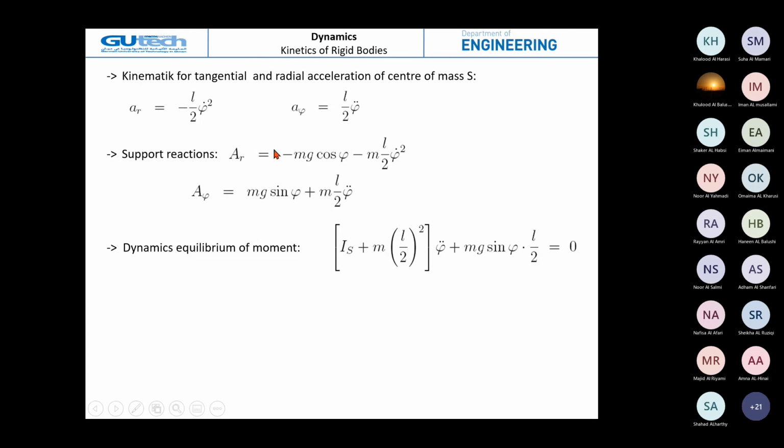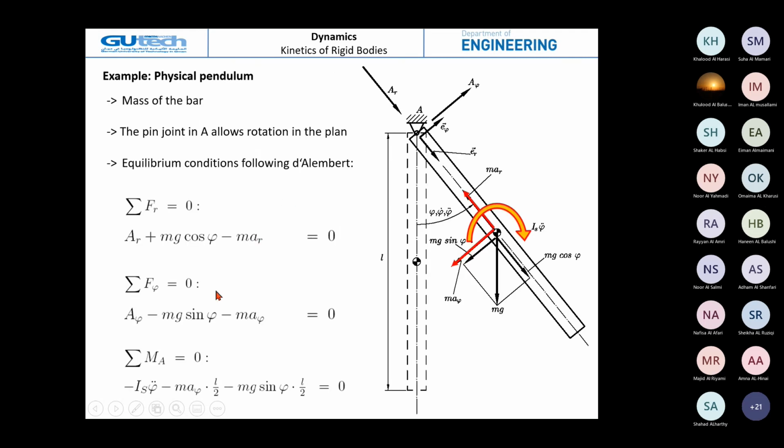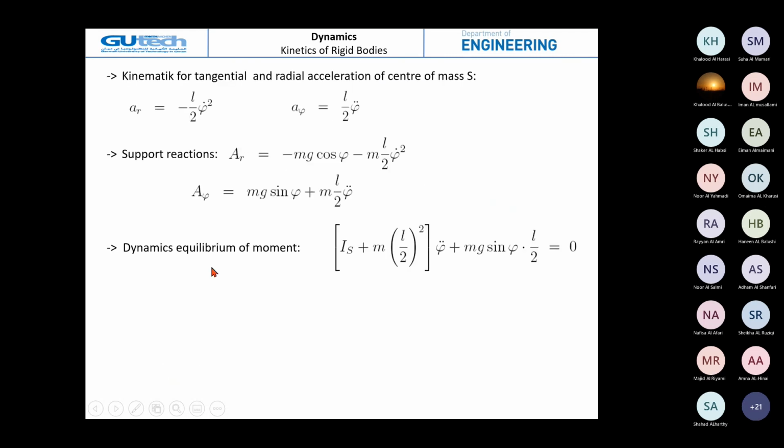Now we can get from the equations first the reaction A_r, and the reaction along the phi direction. We have A_phi here, given by this equation. Now for the third one, we have the dynamic equilibrium of moment.